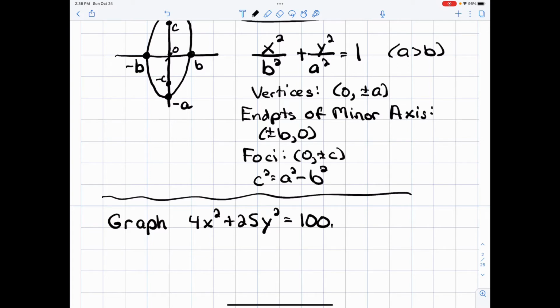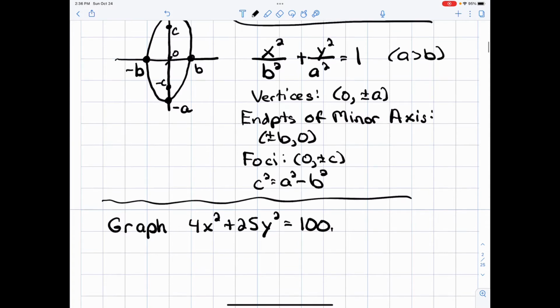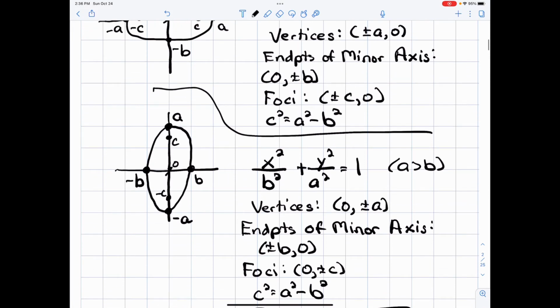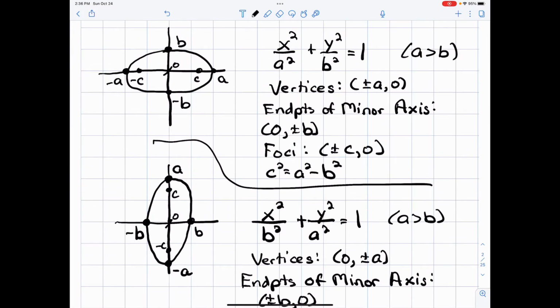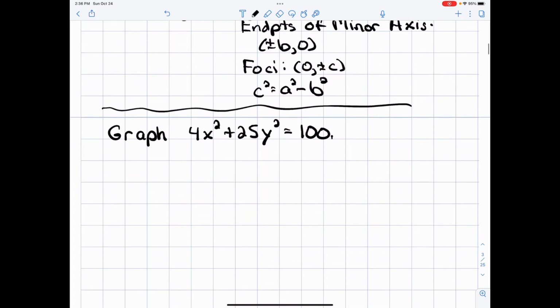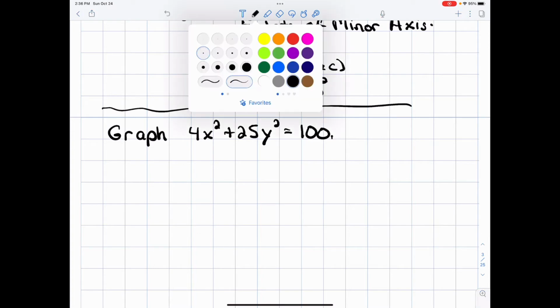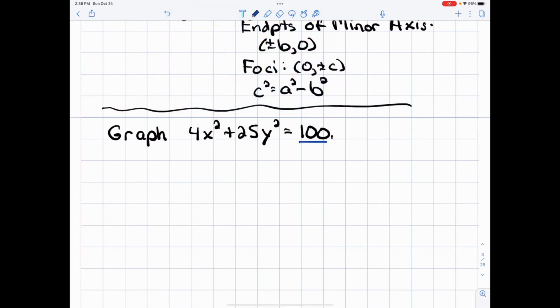Now you might notice in the formats of the equations up here, each time the equation equaled 1. So let's get it into that standard form. Let's make sure this equation equals 1. So we're going to have to take that 100 on the other side of the equal sign and divide both sides of the equation by it so we can accomplish that 1 that we need.